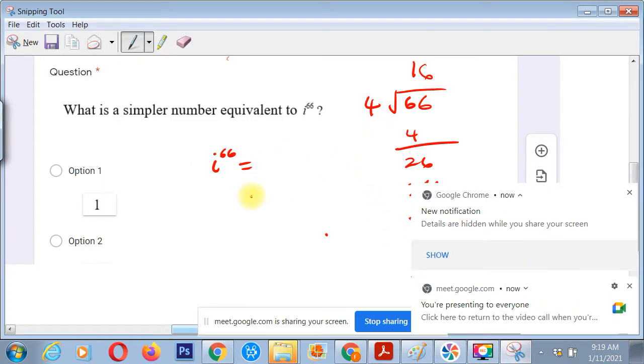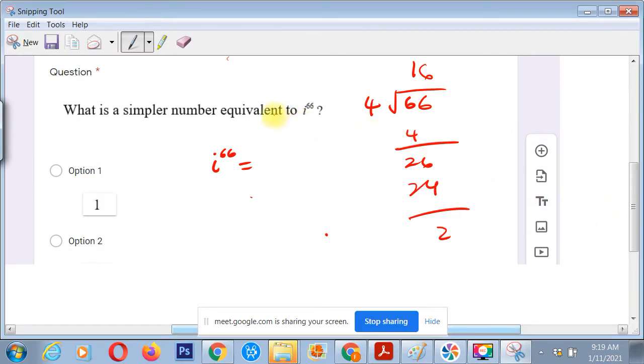Okay. For this question, we have i to the power of 66. So we just divide by 4. We have remainder 2. So this means i to the power of 16. Okay, i^16 is (i^4) to the power of 16, right?